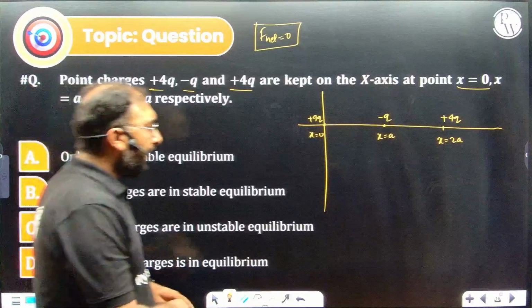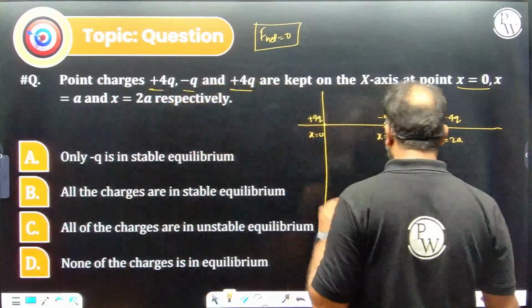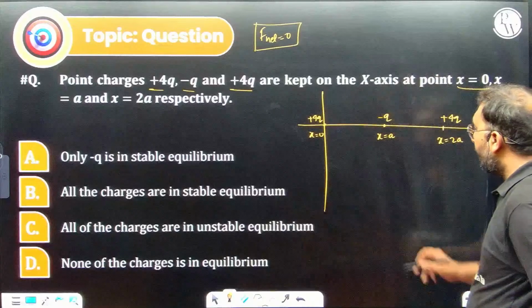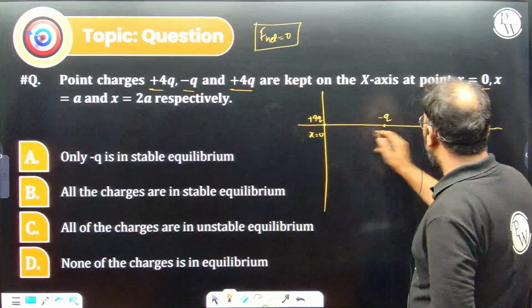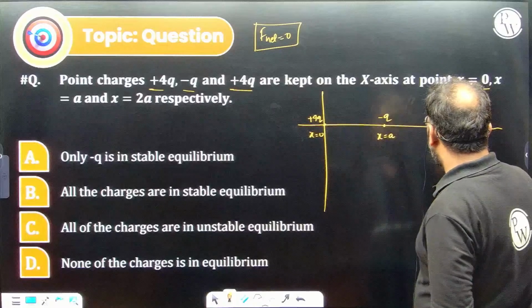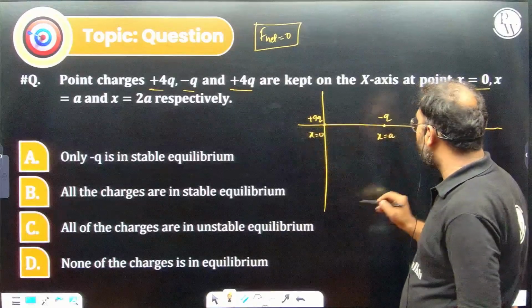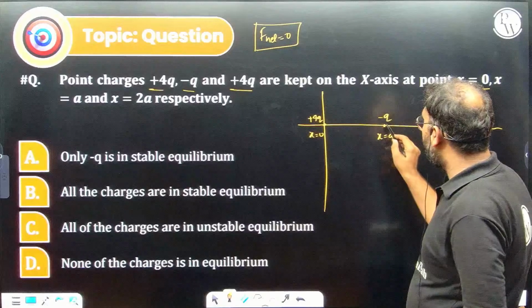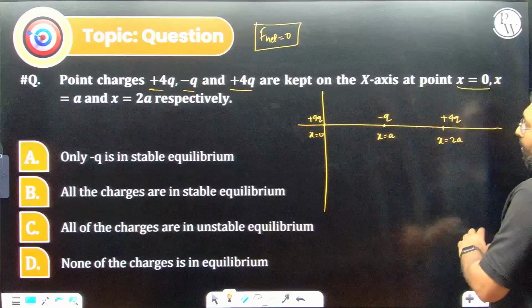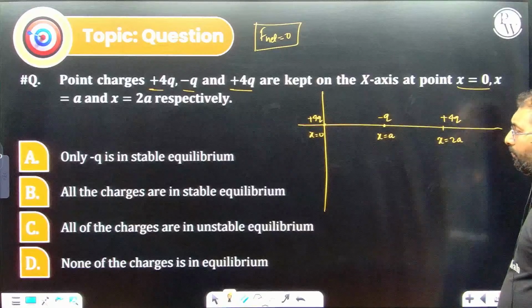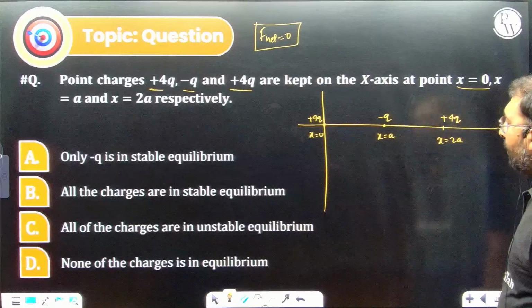So let's say, what is the initial situation? If I see the forces acting on this charged particle, one force is acting because of 4q and it will be repulsive in nature. One force is acting because of minus q and it will be attractive in nature. So this particle is going to experience some force.